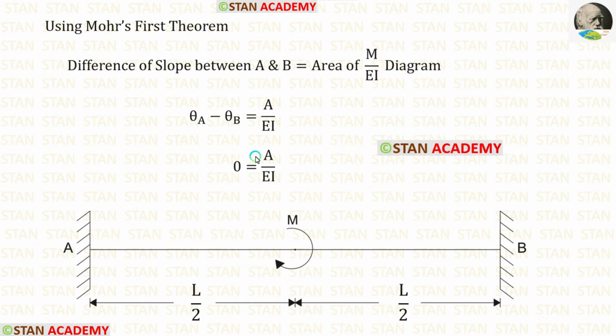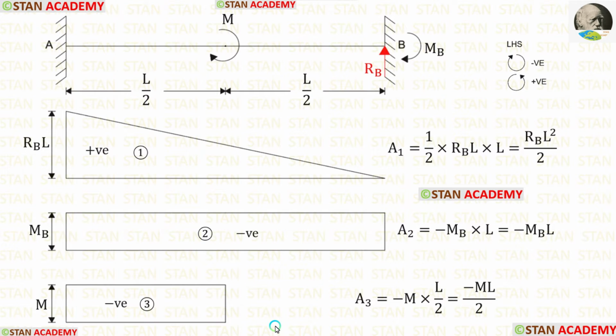Now let us find the area of the moment diagram. We have to make the moment diagrams separately. In the point B, there is a fixed support. In this fixed support, we have the moment MB and the reaction RB.